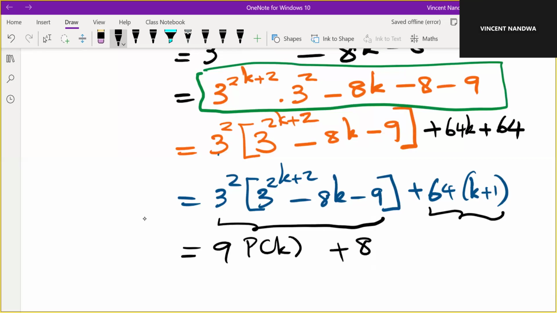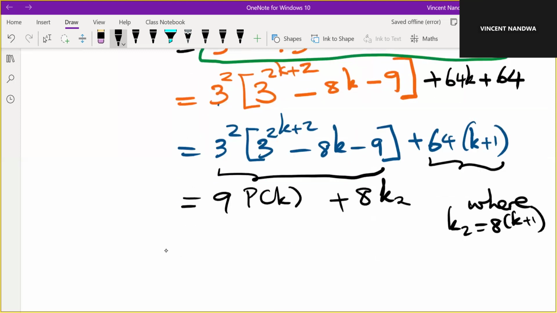And then we can have this one as 8 K2, where K2 is the same as 8 into K plus 1. Okay? Yeah. And which is divisible by 8.